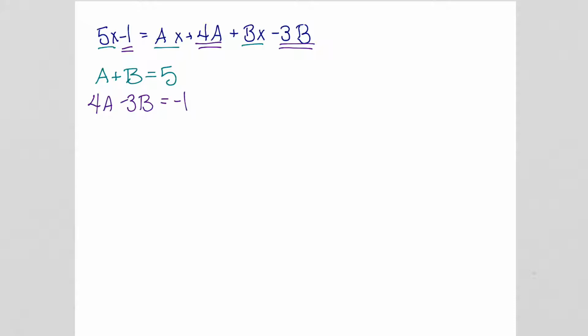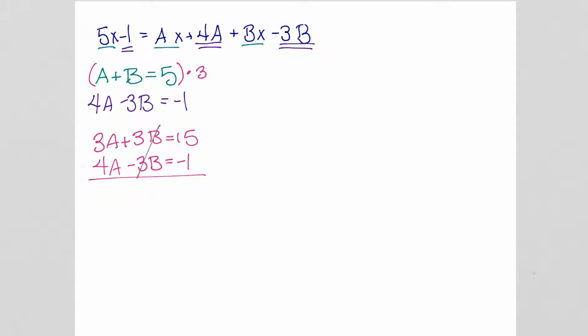So now I have a system of equations, which we can solve just as we have been in the past few lessons. I'm going to start by multiplying this top one by 3 so I can cancel out my B's. And we'll have 3A plus 3B equals 15. And we'll just bring down the same one from the second.